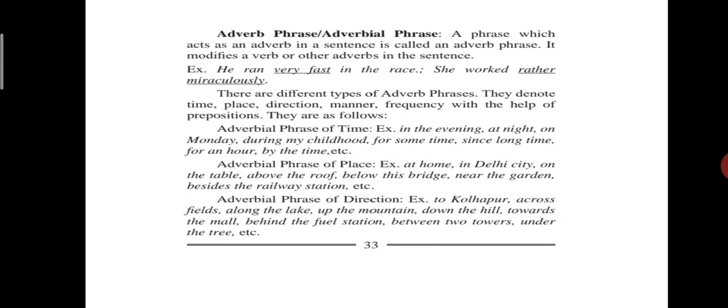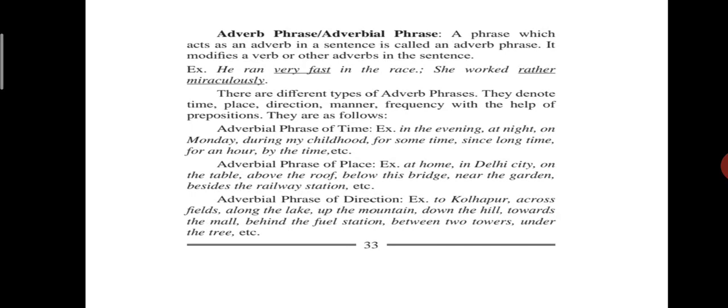For example, in the evening, at night, on Monday, during my childhood, for some time, since a long time, for an hour, by the time, etc. Those are the examples which indicate the time. That's why it is called an adverbial phrase of time.